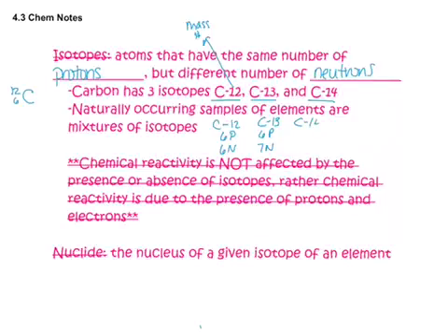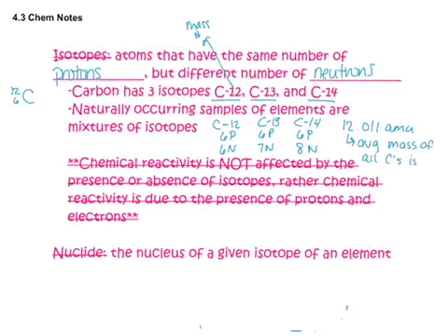In the last one, carbon-14, again, still maintains 6 protons, but now it's going to have 8 neutrons. When you look at the periodic table, it reports carbon's mass as 12.011 AMU, and this is based off the average mass of all carbon's isotopes.